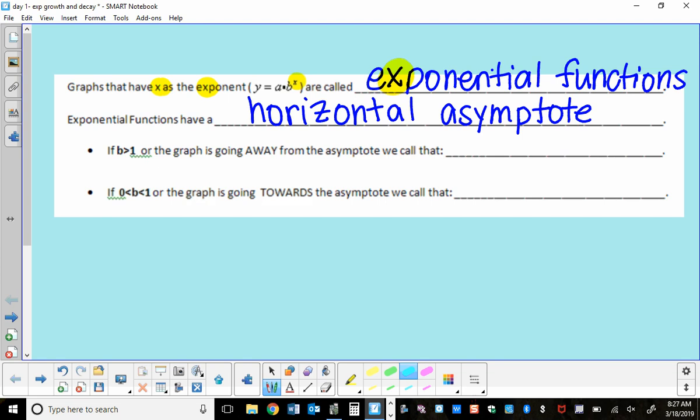Alright, you guys see this letter B that's attached to that exponent? Whatever number is attached to our exponent, that's what we're talking about right now. If that number, which we just call B, is greater than 1, it is going away from the asymptote, and we call that a growth.